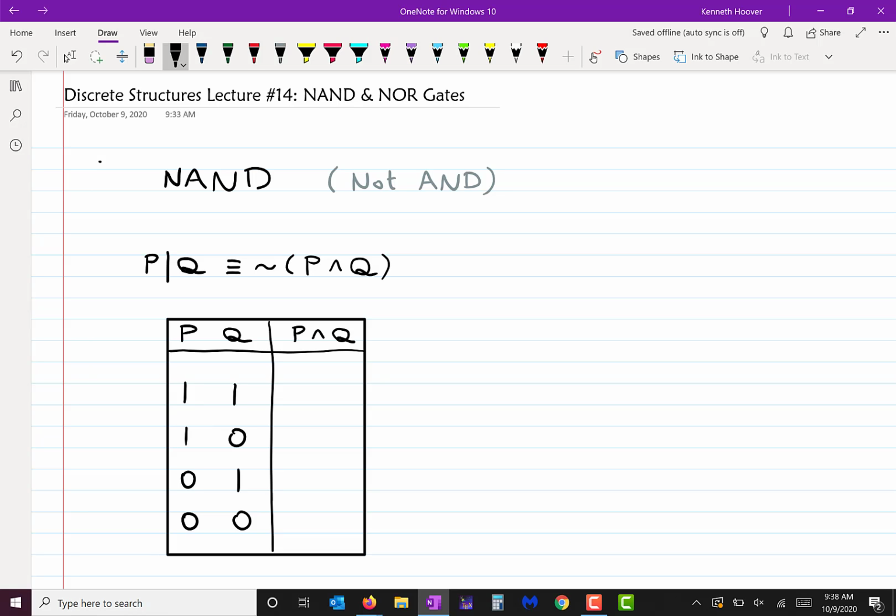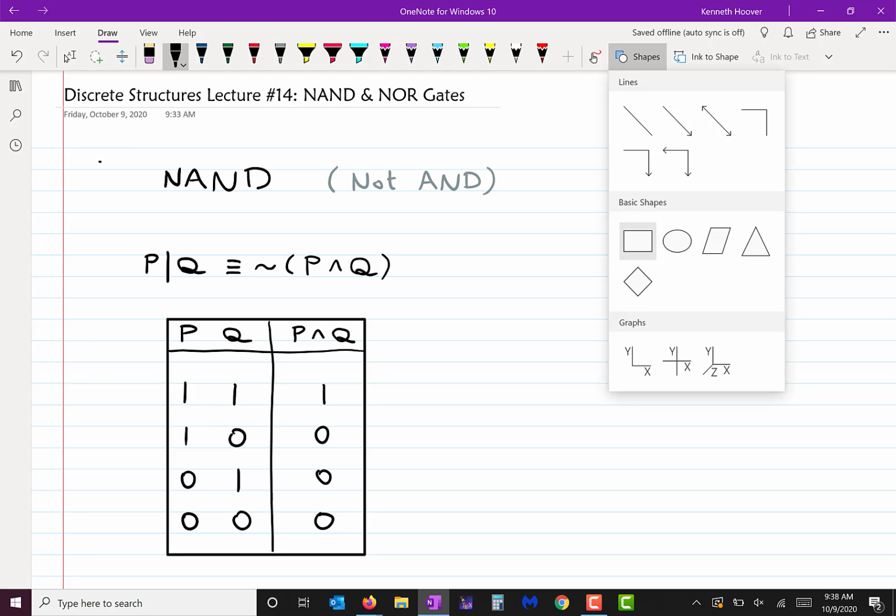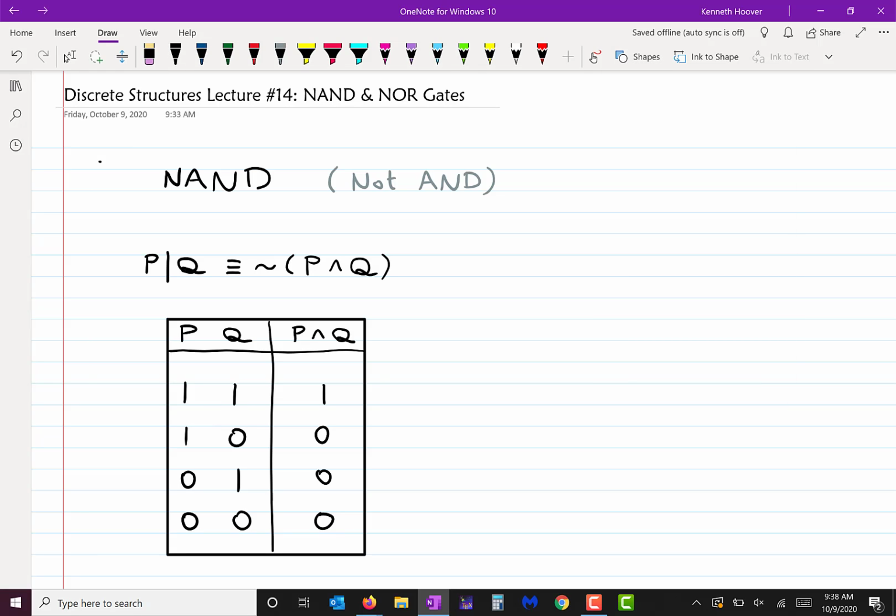There we go. Okay, what should the last column look like for P and Q? If P and Q are both turned on, then P and Q is turned on. Otherwise, P and Q is turned off. So that's what the truth table looks like for P and Q. Okay, so now it's very easy for us to make the truth table for the negation.